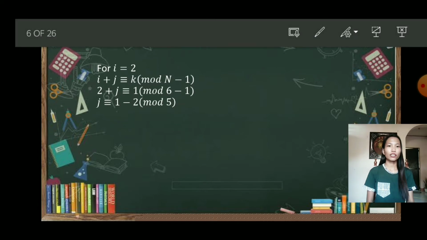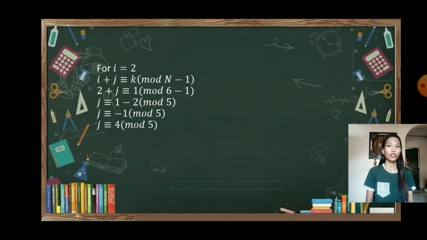We solve 1 − 2, so we have j ≡ −1 mod 5, and when we solve that, we have j ≡ 4 mod 5. So the value of our j is 4. Since j = 4 and not equal to 2, the value of i, Team 2 will play Team 4 in round 1.